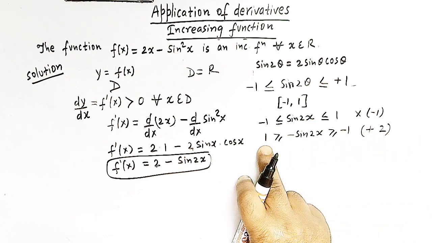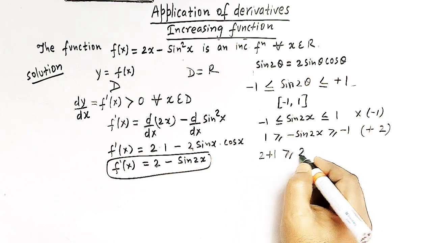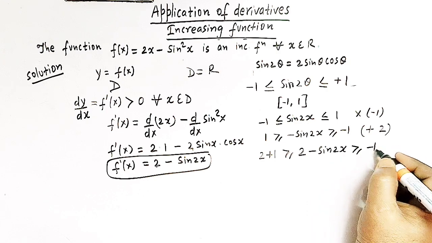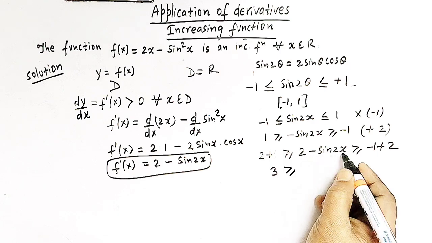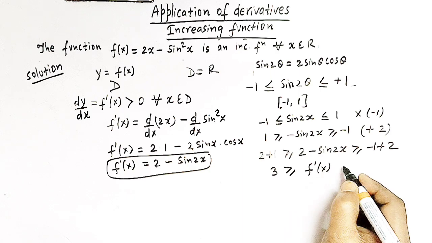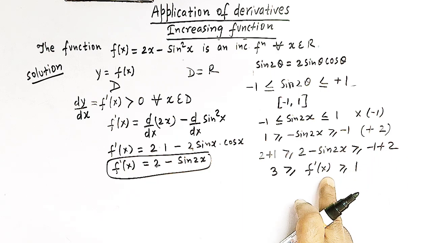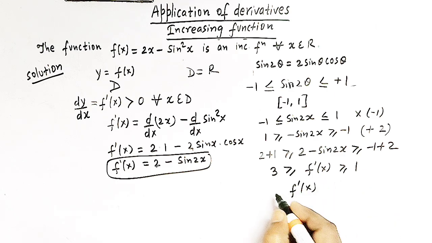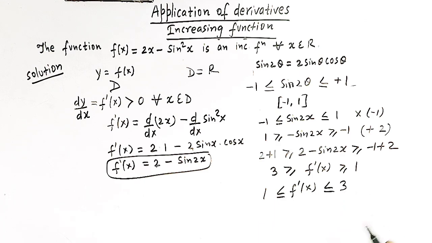So adding 2 throughout in this inequality, we have here 2 plus 1, here we have 2 minus sine 2x and here we have -1 plus 2. So 2 plus 1 is 3 and here we have 2 minus sine 2x can be replaced by f prime of x, and here we have 2 minus 1 is equal to 1. So we can also write this inequality like this, that is f prime of x is greater than or equal to 1 but it is less than or equal to 3.